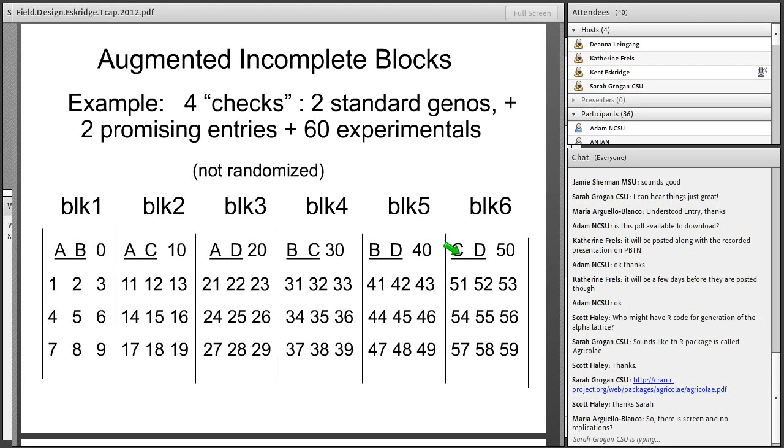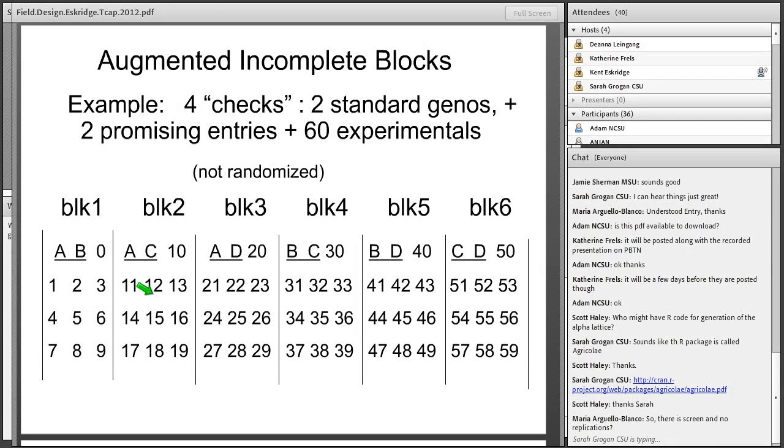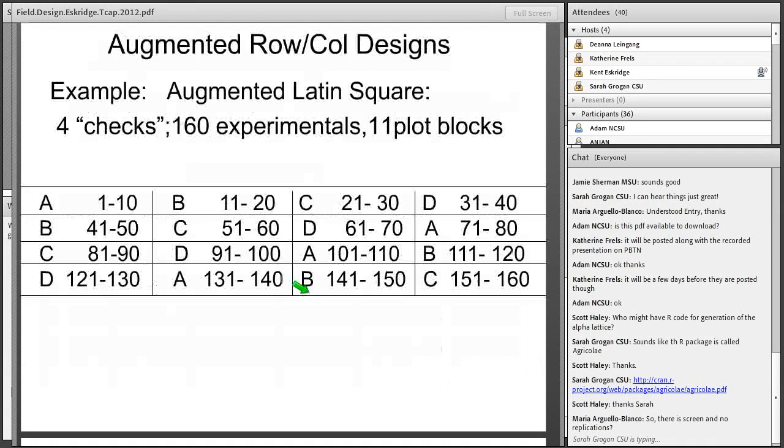So I could do this with 60 entries and six blocks. So I could evaluate 60 experimental entries with just 4 checks, and this is an easy design to use. Now notice you're only blocking in one way. We only have one block, so that each block in this example is 12 plots. But this is a fairly easy design to use, and people have used it a lot over the years.